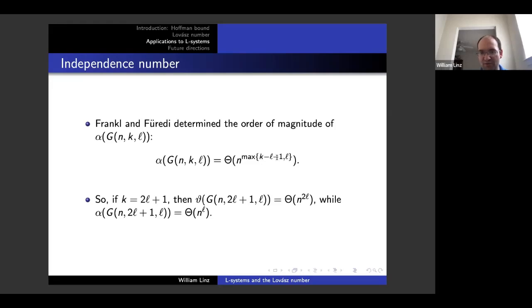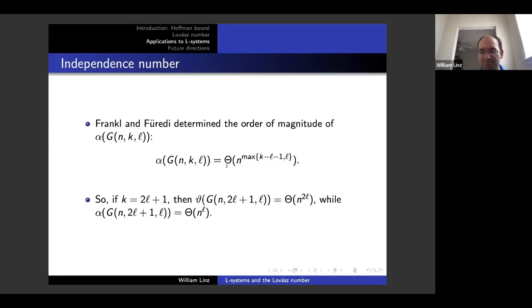If I put K as 2L plus 1 here, I'll get something on the order of n to the L. And then remember that the number of vertices is not n, and the graph is not little n, it's on the order of n to the 2L plus 1, which is where the ratio comes in from that. Okay, so that's the construction of a large gap between independence number and Lovász number for the generalized Johnson graphs.